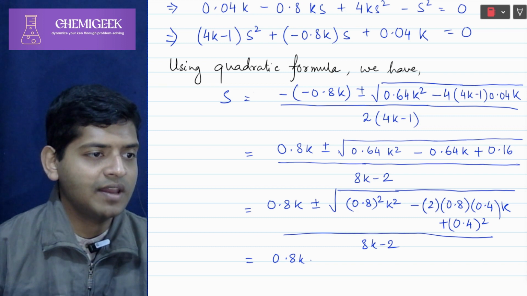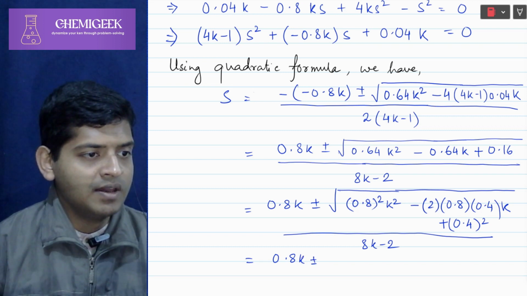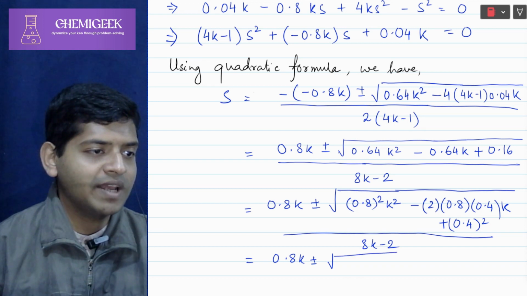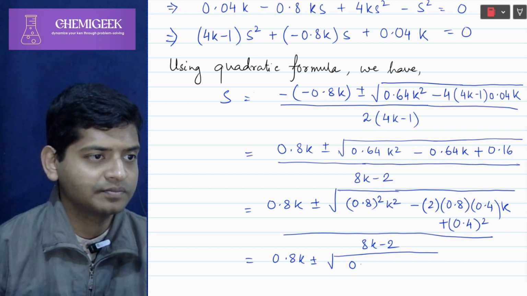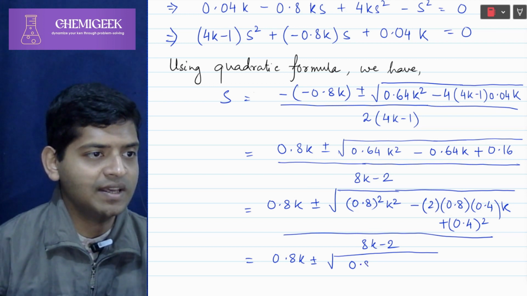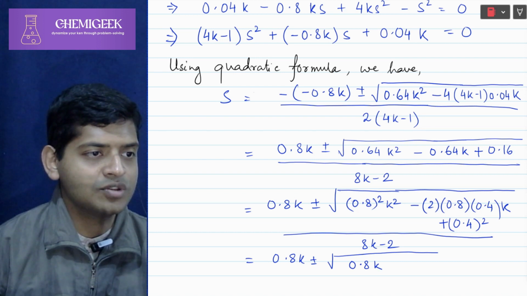So divided by 8K minus 2. This is equal to 0.8K plus minus root over 0.8K minus 0.4 whole square.